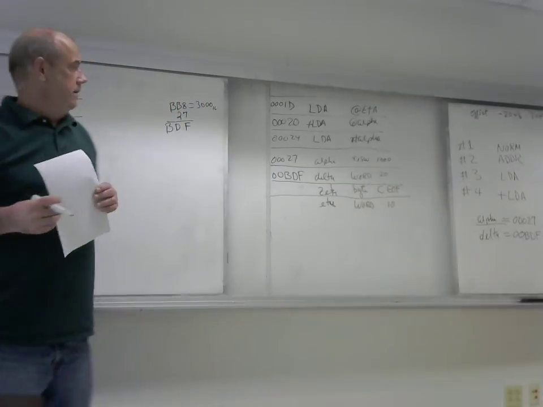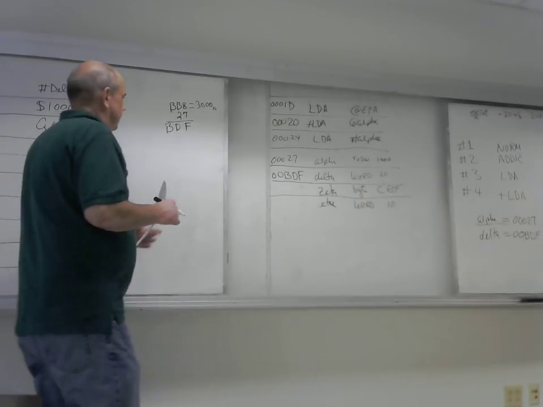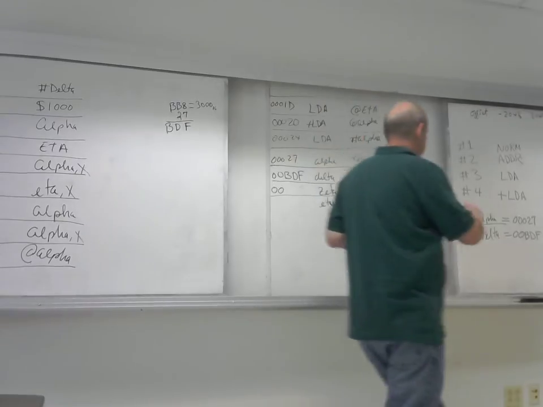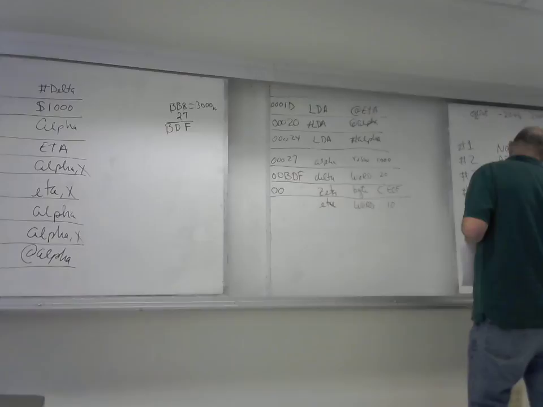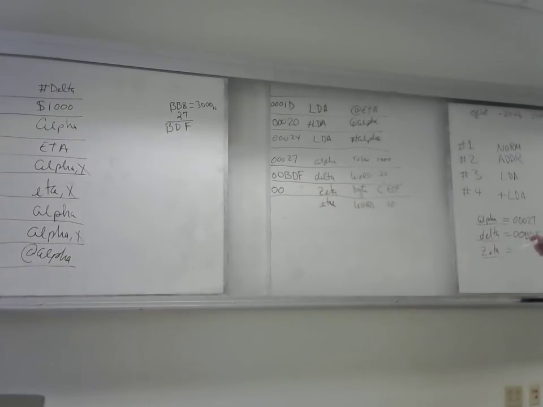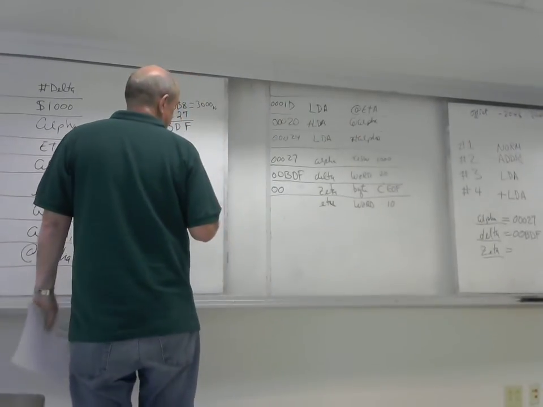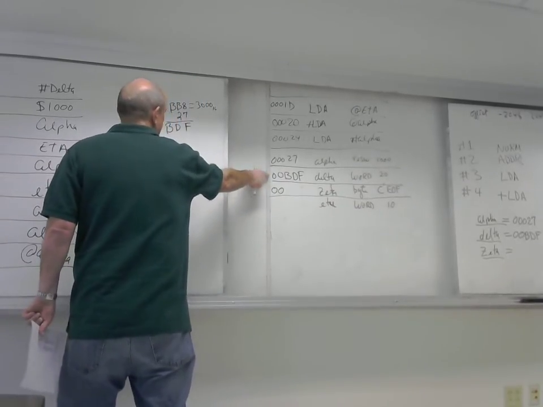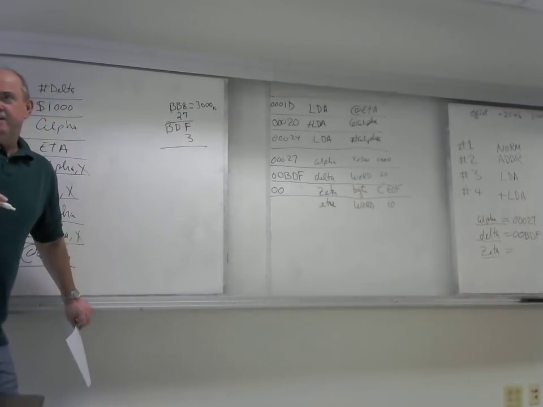Now then, what's the address of zeta? What is the value of zeta? DEF plus how much? How many bytes are allocated here? 3 bytes, right?